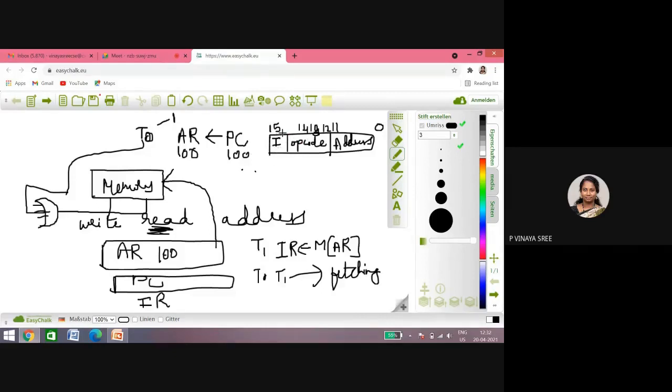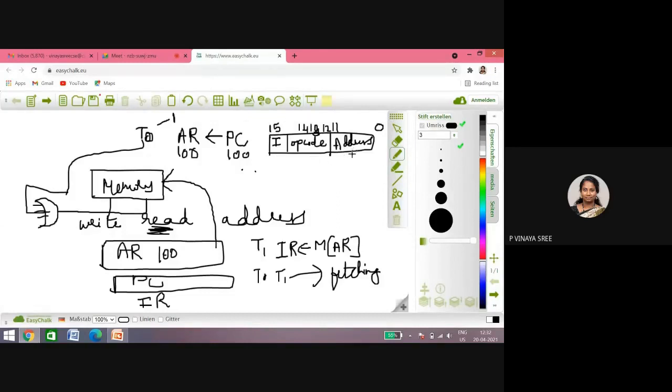Based on that, whether to read an effective address or go directly to execution will be decided by the 15th bit. For the decoding part, this instruction format should be ready: 0 to 11 is the address, 12, 13, 14 is the opcode, and the 15th is the mode.